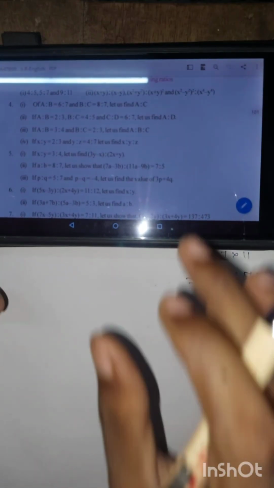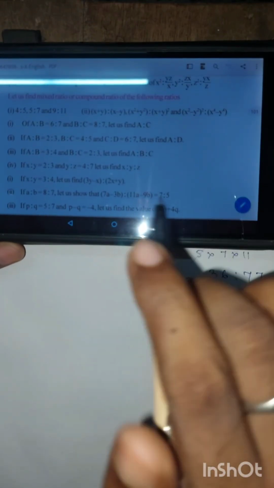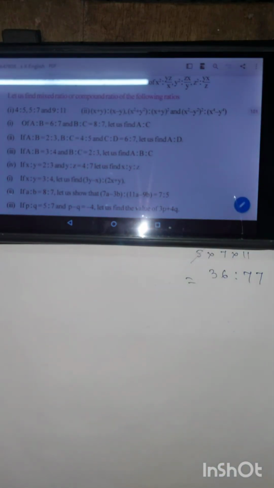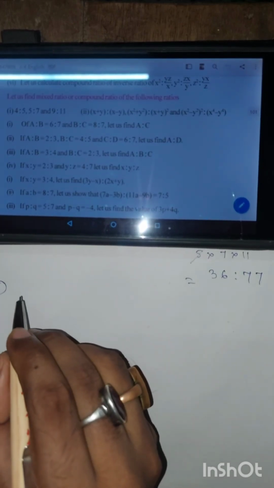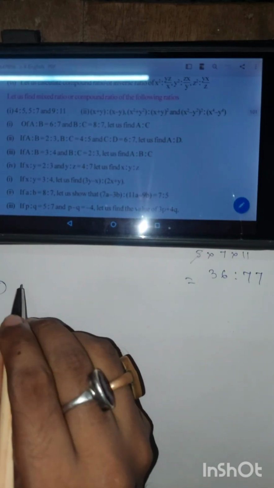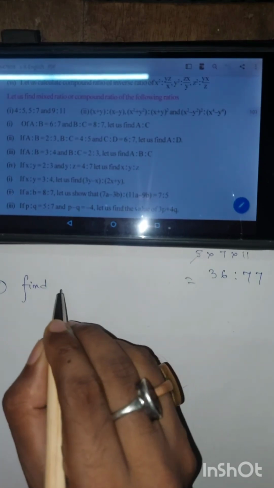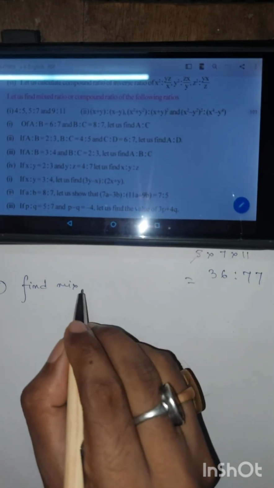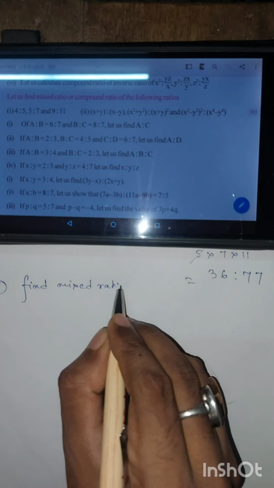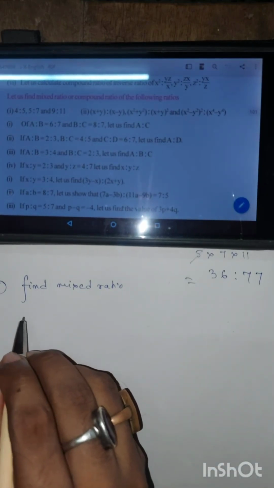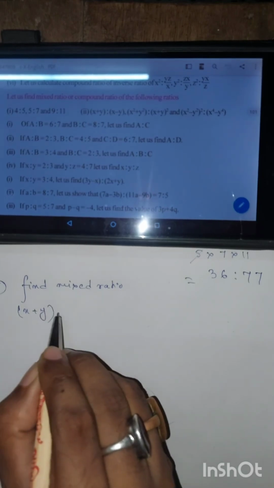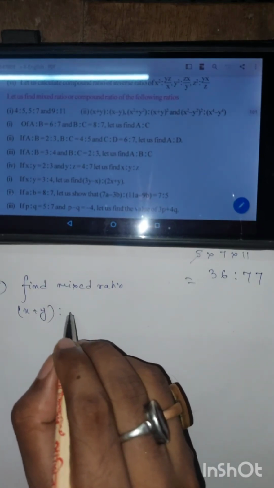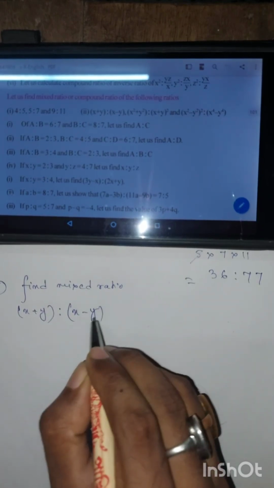Now next question. Question number Roman 2 of 3. So the question is find the mixed ratio. The first ratio is x plus y is to x minus y.